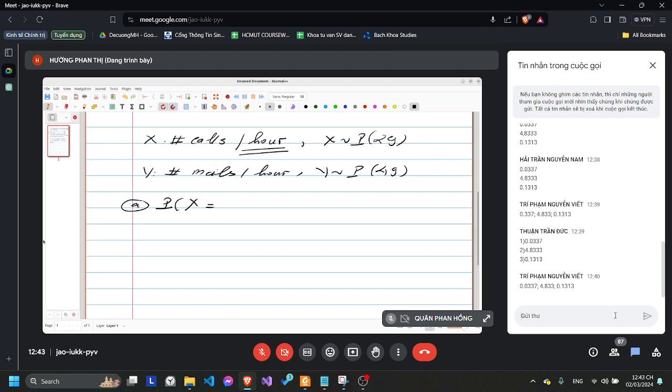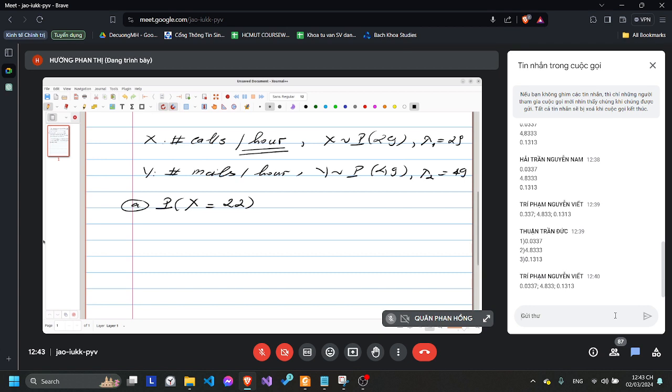So we ask X equals 22 per 1 hour. We already have the same unit. So we have lambda 1 equals 29, and here lambda 2 equals 49.